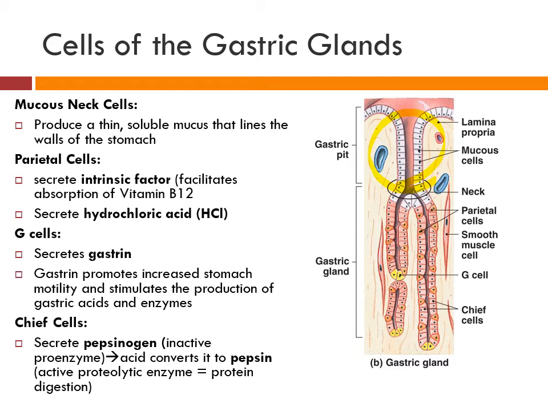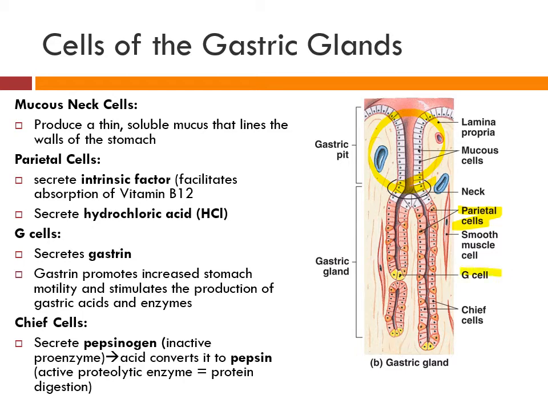So we need to protect that delicate epithelium. The parietal cells, which are here, are secreting that intrinsic factor that we talked about a second ago. They also secrete hydrochloric acid, and hydrochloric acid is used to break down our foods.